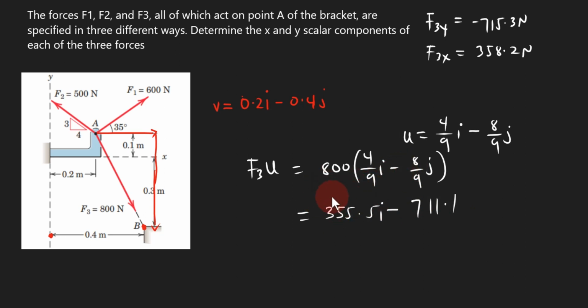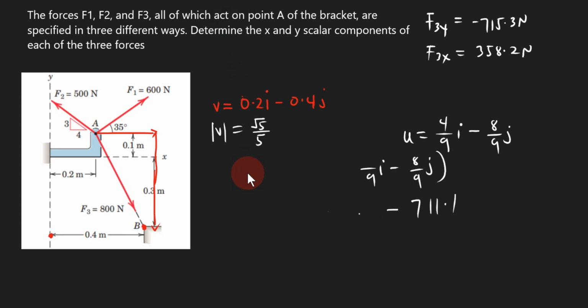So what I'll do is, previously we got the magnitude to be root 5 on 5, if you remember. So I'm going to use this to find the unit vector once again. I want us to get a value close to the answers we got previously.